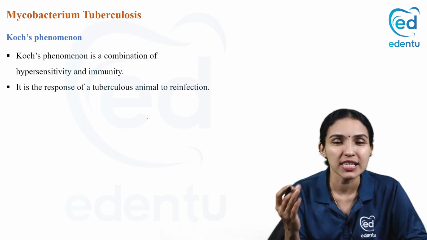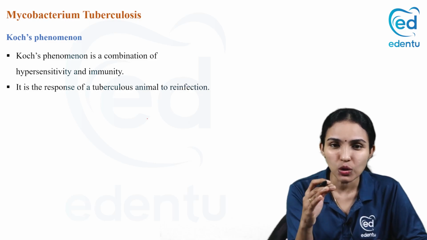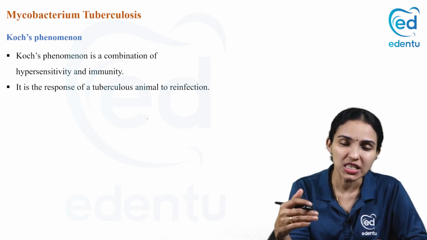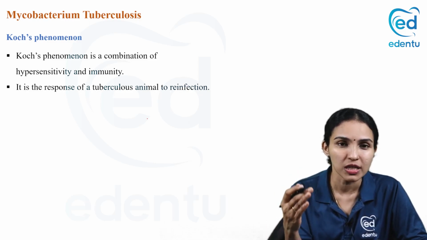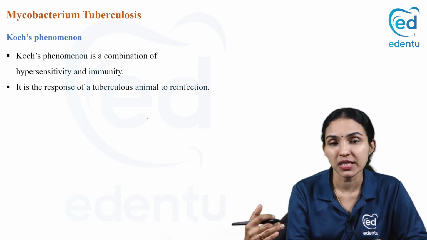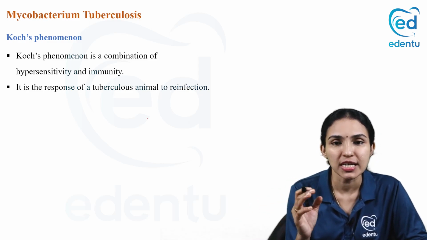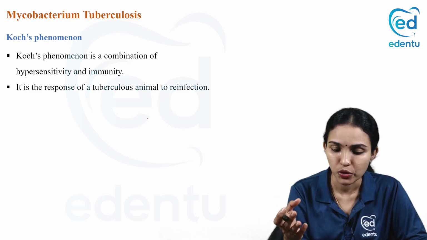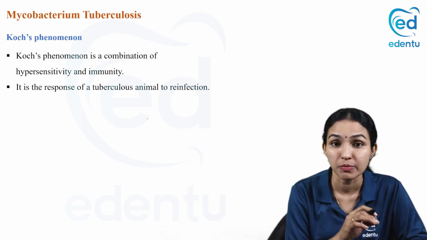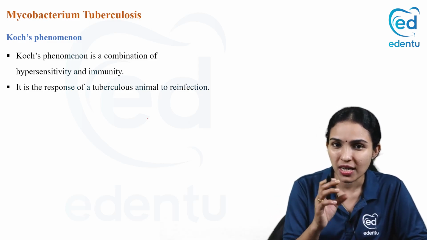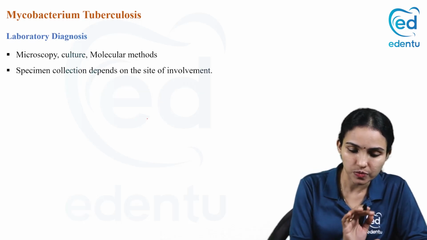The other one is leading to the disease. So the immunological response in TB can be in either way. It can be an anti-tubercular protective immunity, or it can be a delayed type hypersensitivity leading to tissue damage. So Koch's phenomenon is actually a combination of hypersensitivity and immunity. It's a response of a tuberculous animal to reinfection. That is what is actually called Koch's phenomenon.